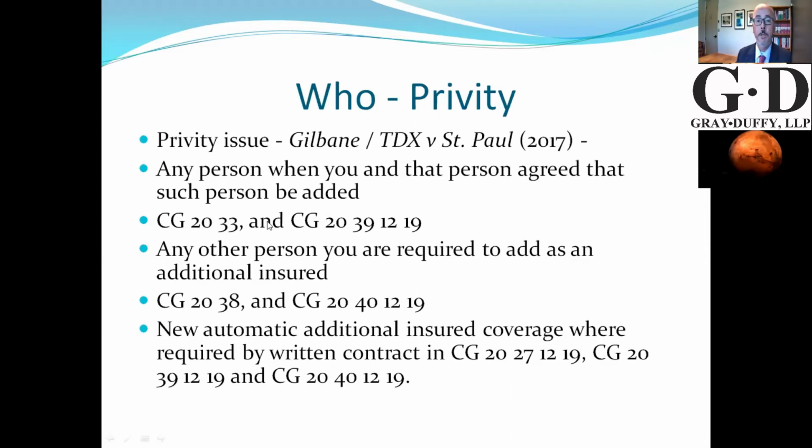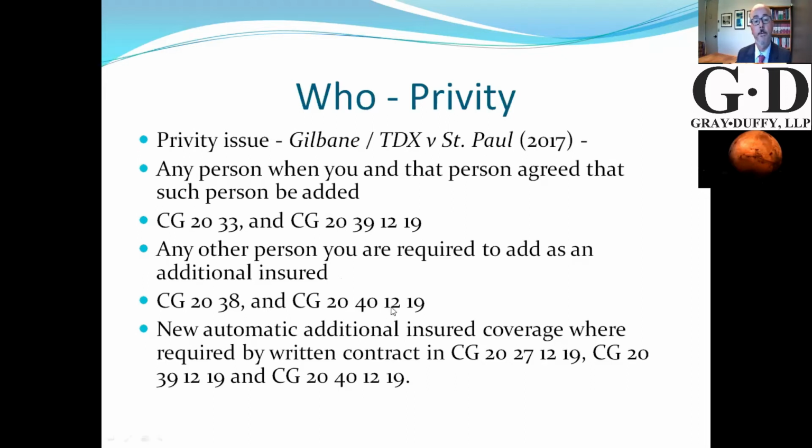There are endorsements that cover just the other person you are required to add as an additional insured with whom you're contracting, such as CG 2033 or more recently CG 2039, 1219, the new 2019 changes to the ISO CG AI endorsements. And then CG 2038 or now CG 2040, 1219 provides new additional insured status where required by written contract.